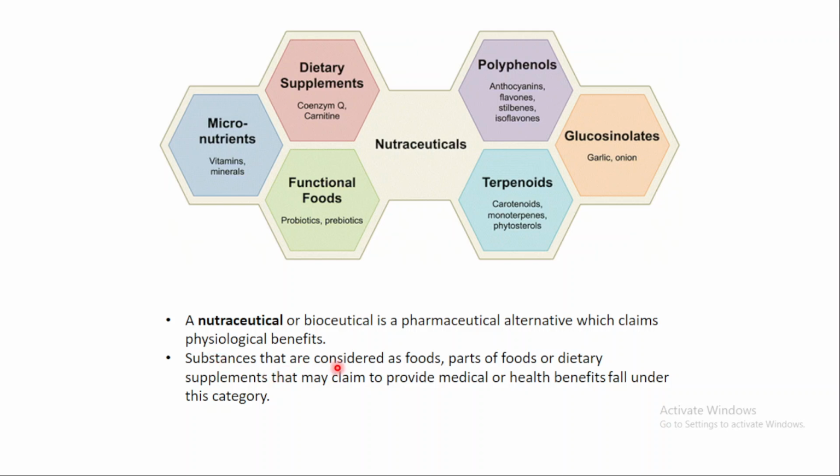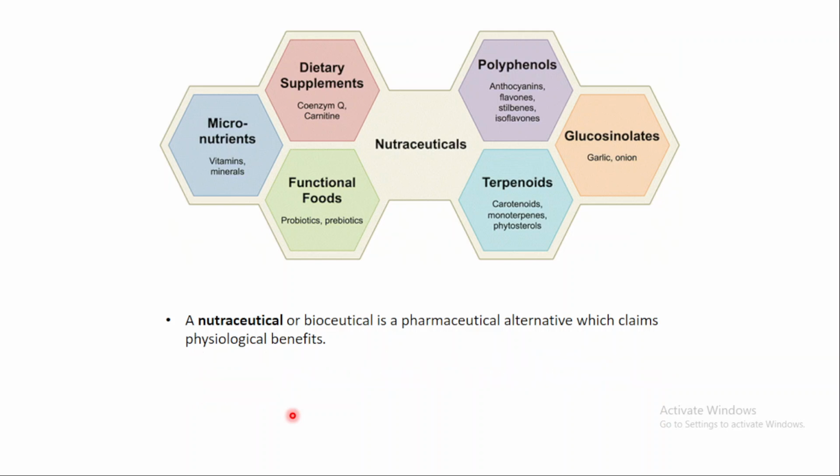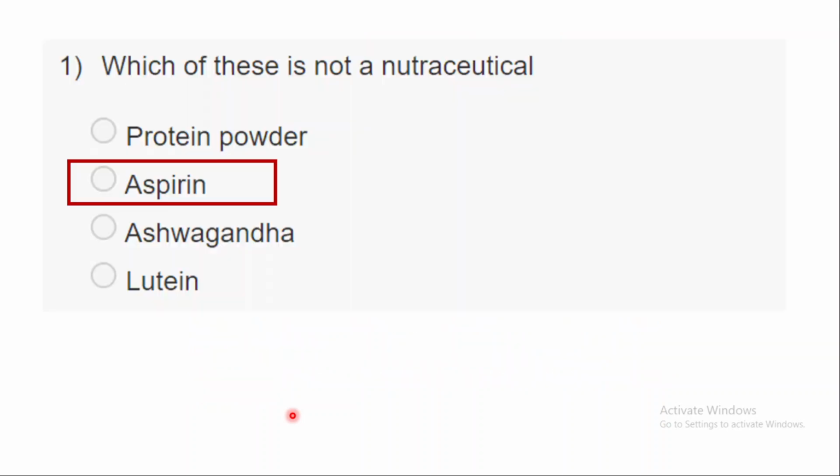Nutraceuticals are substances that are considered as foods, parts of foods, or dietary supplements that may claim to provide medical or health benefits fall under this category. So nutraceuticals are basically food or parts of food or dietary supplements. So if you look at all these options, protein powder is a nutraceutical because protein powder is giving you some supplement.